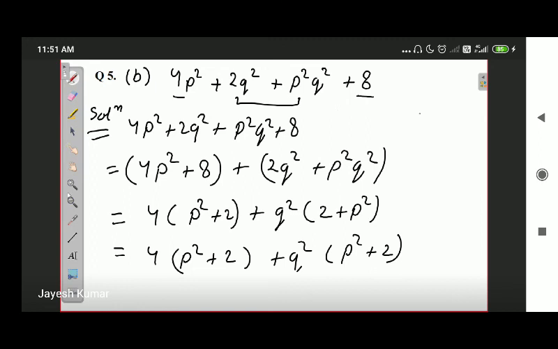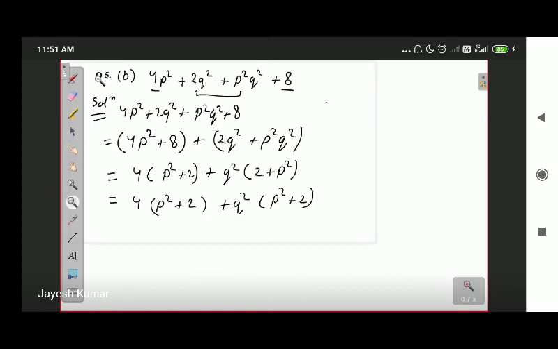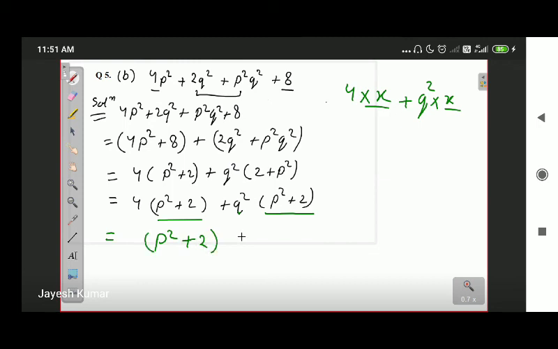Okay, now let us see. In the first expression, we have 4 into something, let's say this something is x. In the second expression, we have q square into something, once again there is x. Okay, p square plus 2 is common for both the terms. So finally, we are taking p square plus 2 once again as common, and what the remaining is 4 plus q square.